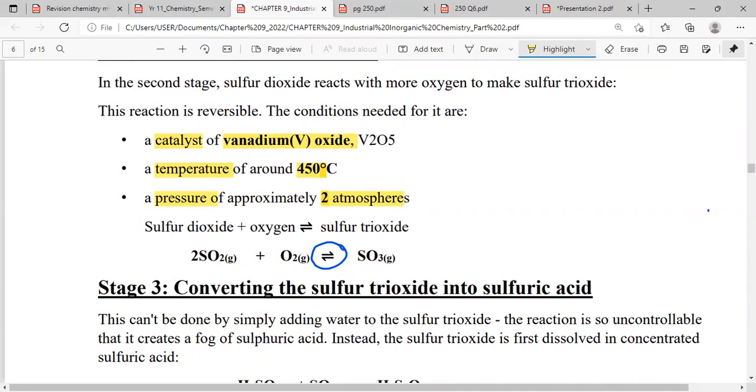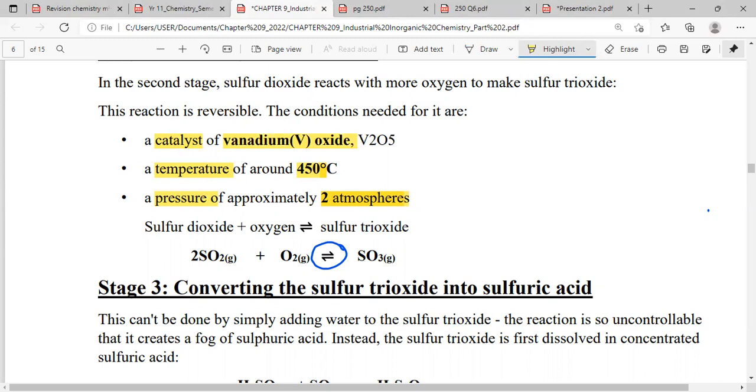The temperature is the same as what you saw for the Haber process, 450 degrees, so you just have to remember one number. But the catalyst here is vanadium(V) oxide, whereas the Haber process catalyst was iron, and here pressure is 2 atmospheres, whereas in the Haber process it was 200 atmospheres. So these are some things that you have to keep in mind.